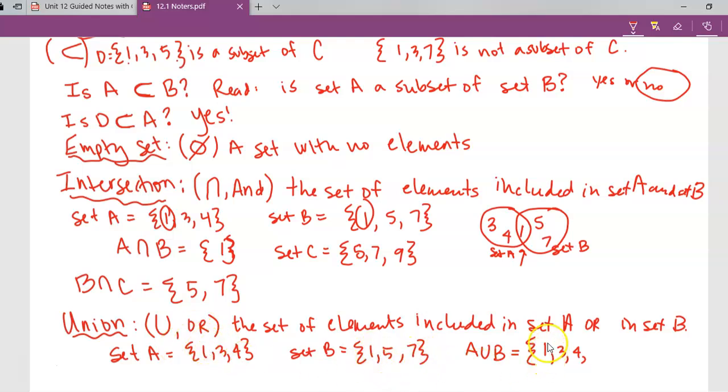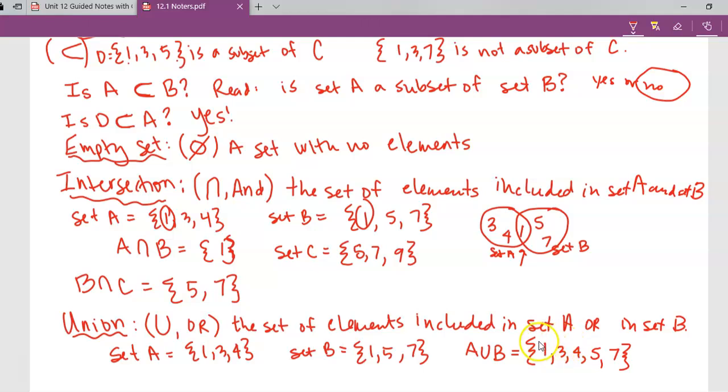Now 1 is already in my set, so I don't have to write it twice. I could, it's just not necessary to repeat numbers. But the union would be any element that's in either one of the sets, in set A or set B. So I put them all together, okay?